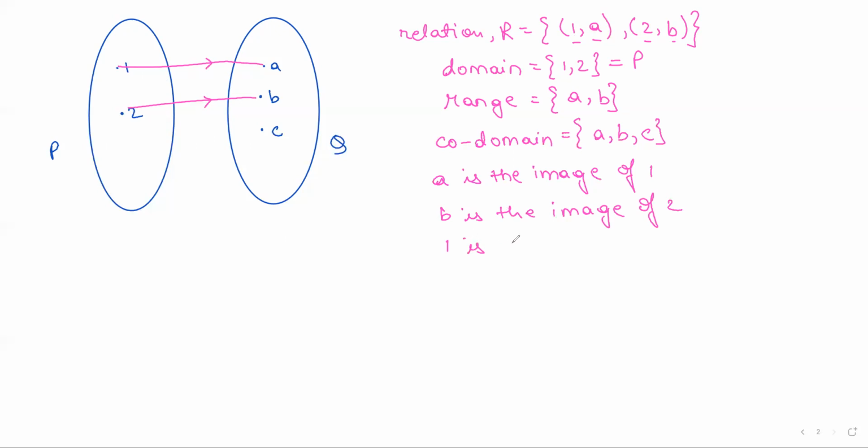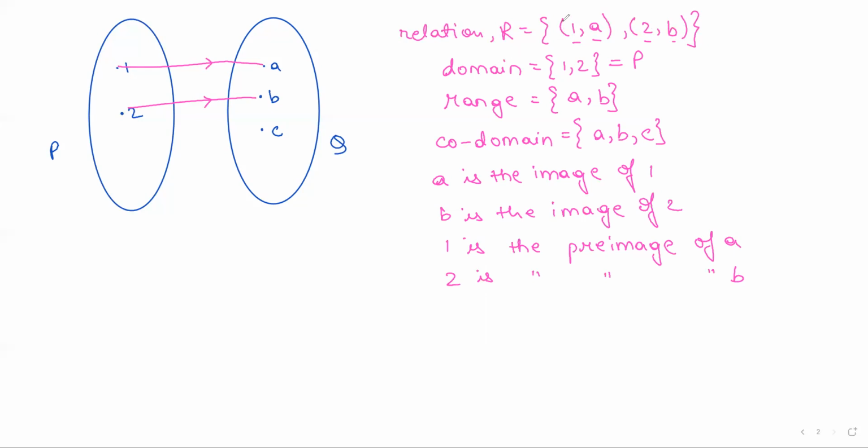So 1 is the pre-image of A. Similarly, 2 is the pre-image of B. So every image has only one pre-image and every pre-image has only one image. 1 is only connected to A and A is connected to 1, 2 is connected to B and B is connected to 2.